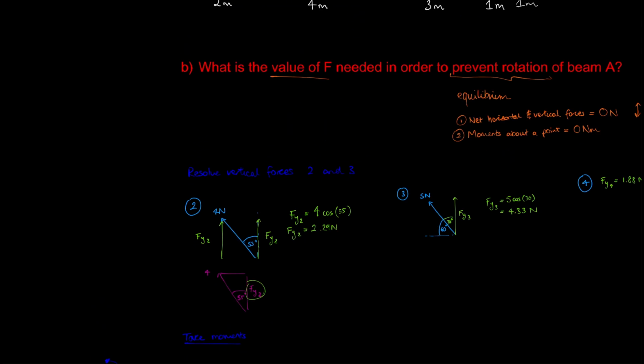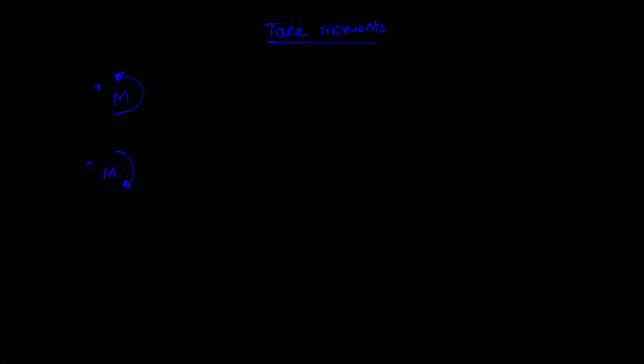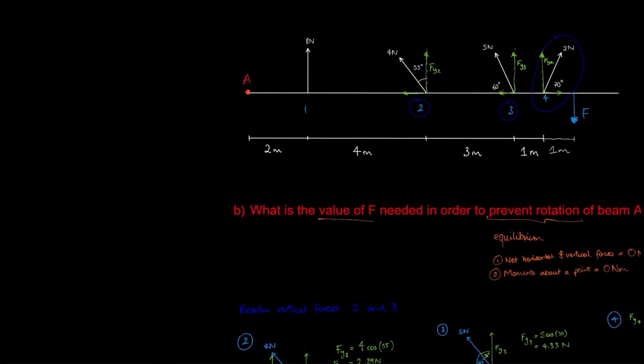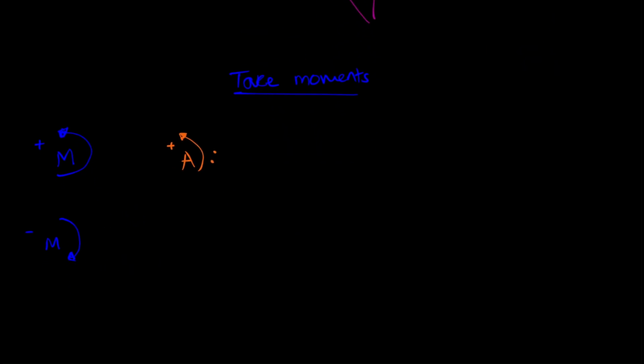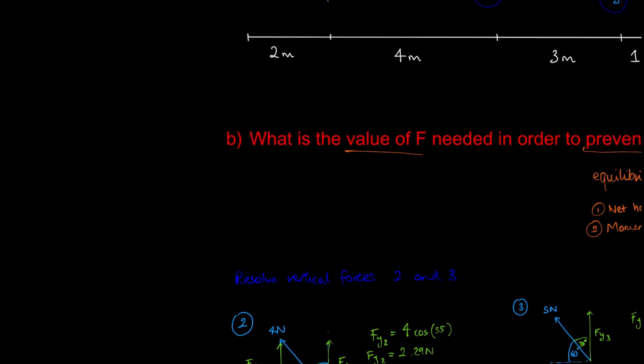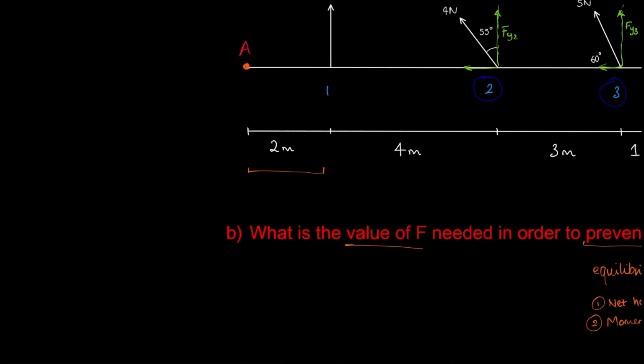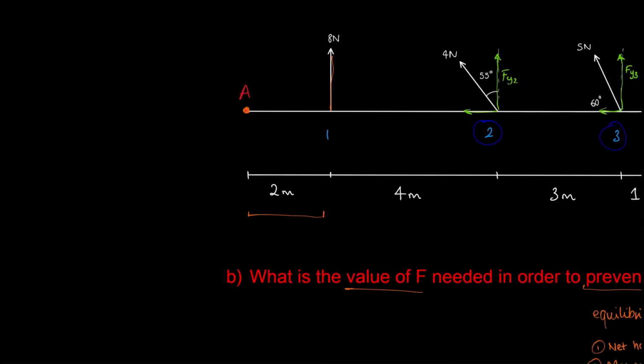So if we take moments about point A, I'm just going to write it here, moments in the positive direction, we have got 8 newtons at a distance of 2 meters. As we can see here, 2 meters, 8 newtons. Then we've got this one, Fy2.